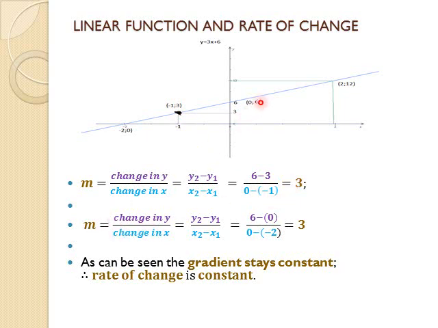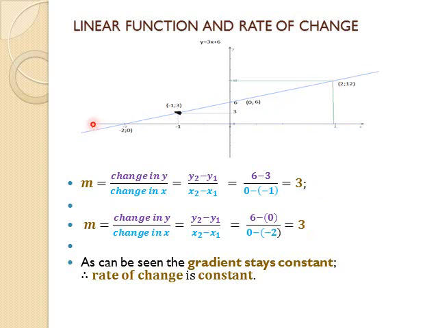Between (0, 6) and (-2, 0), y2 minus y1 over x2 minus x1: 6 minus 0 over 0 minus minus 2, so 6 divided by 2 is 3.